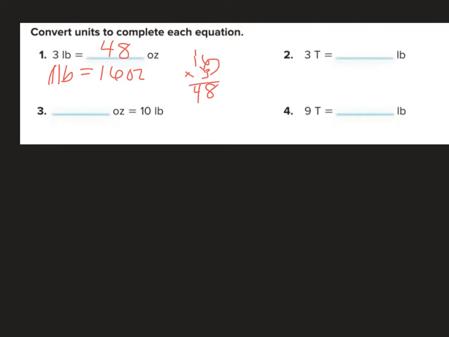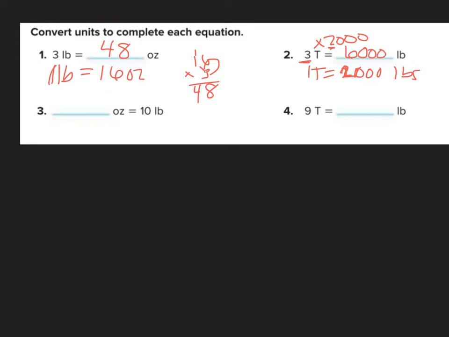Okay. 3 tons equals how many pounds? So 1 ton equals 2,000 pounds. So I need to take 3 times 2,000. So I can just do 3 times 2 is 6, and then add the 1,000 after it.